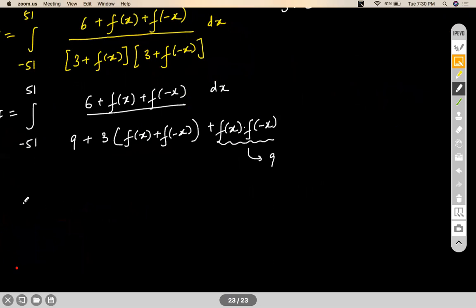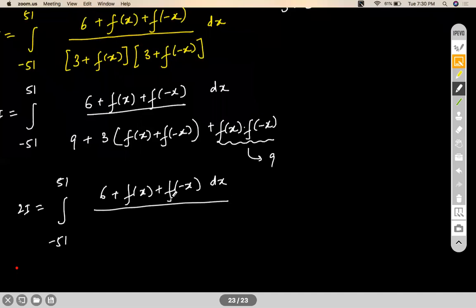So if this is a 9, that means your integral converts to 6 plus f of x, f of minus x dx by 18 plus 3 times f of x plus f of minus x. Okay. Take a factor of 3 out. If you take a factor of 3 out from the denominator, you will get 6 plus this, and this is equal to 1/3.